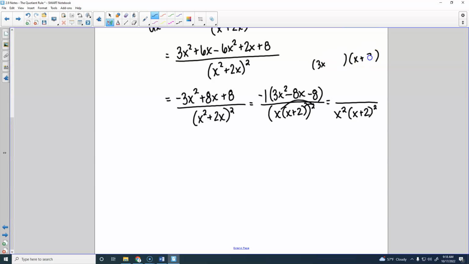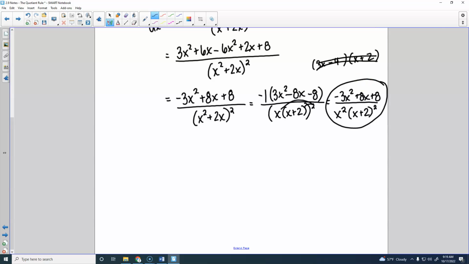For anything to cancel, you'd have to have a plus 2 right there, which means you have to have a minus 4 here, which does not give you that. So I don't think anything's going to cancel, and if it will factor, it's not going to help. So you just leave this negative 3x squared plus 8x plus 8 here.